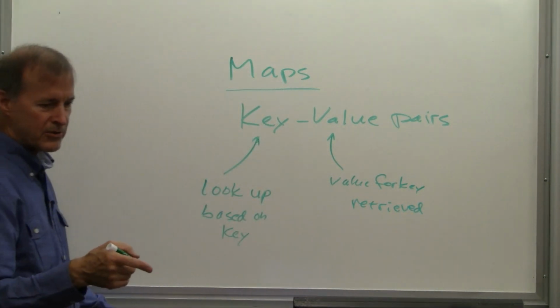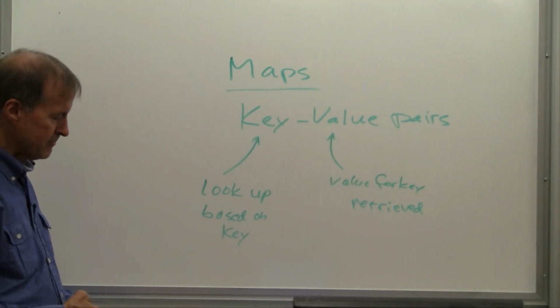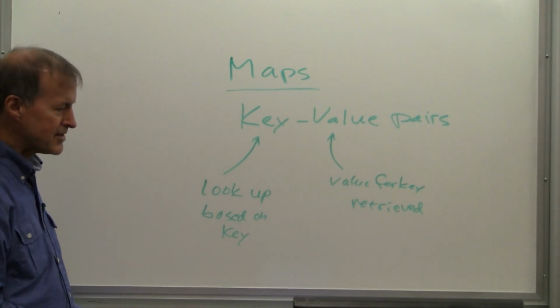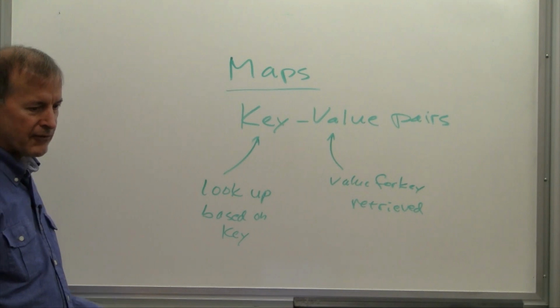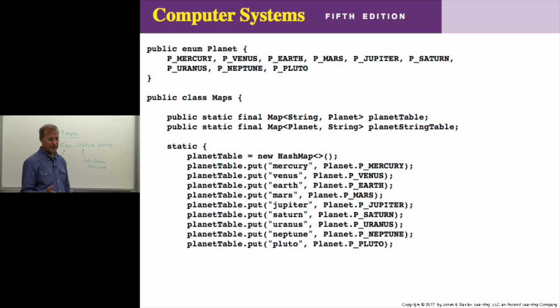So here we have public class maps, and we have two kinds of maps. We have a planet table and a planet string table. Do you see where those are right after class maps? On one of these, the key is going to be a string, and on another one, the key is going to be the enumerated type.